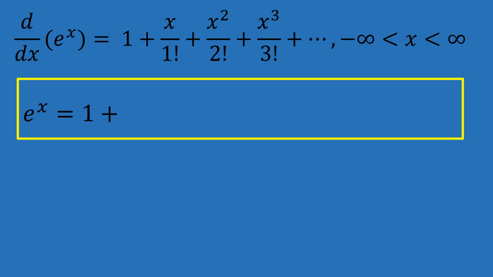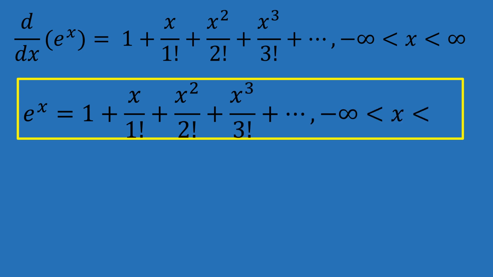Now remember at the beginning we said that e raised to the power of x is 1 plus x over 1 factorial plus x squared over 2 factorial plus x cubed over 3 factorial. If you look above, you'll see that when we differentiate e raised to the power of x, we got the same value as the function e raised to the power x.